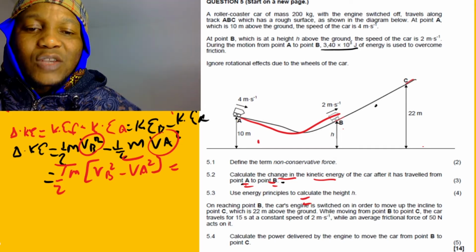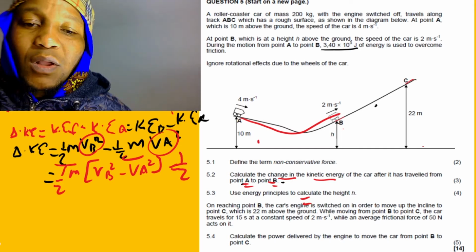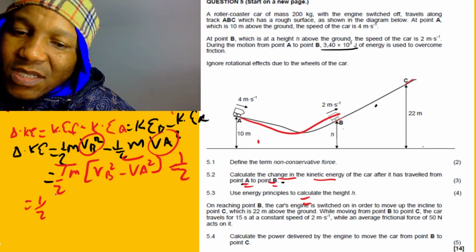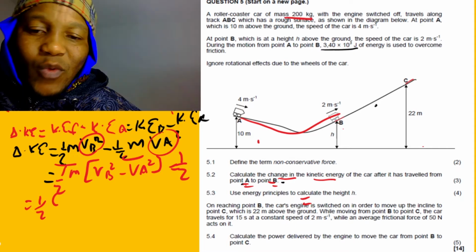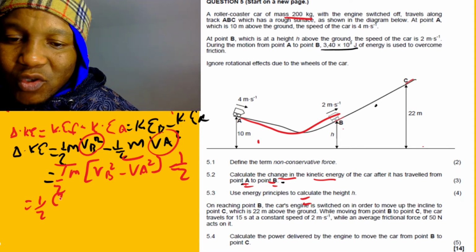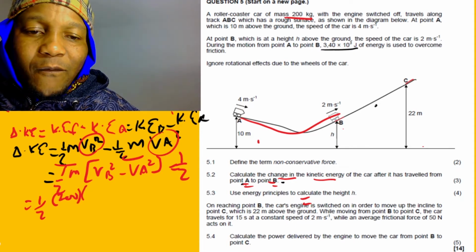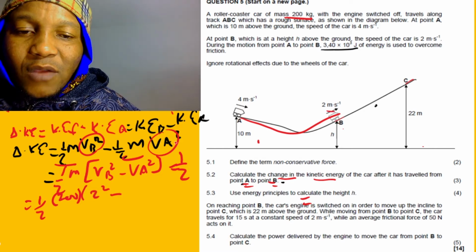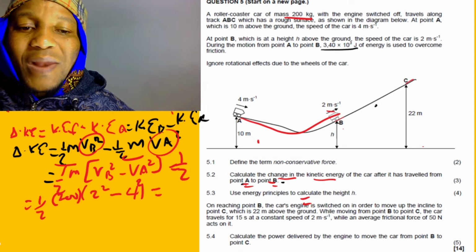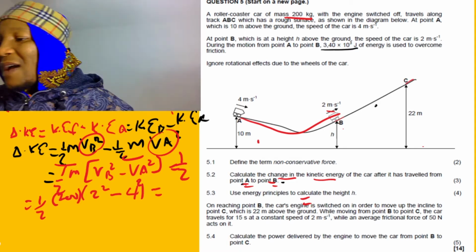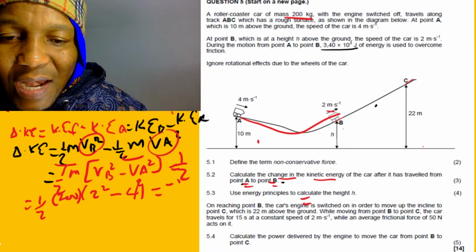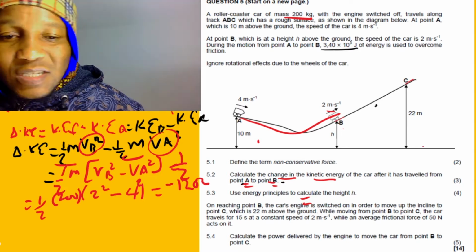A half, mass we know equal to 200 kilogram, velocity final equal to 2, velocity initial equal to 4. Plug this in the calculator, and it's going to give you our change in kinetic energy equal to negative 1,200 joule.